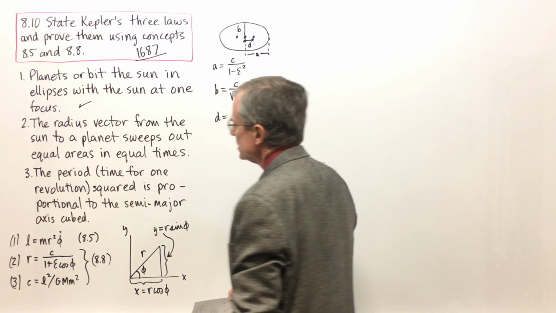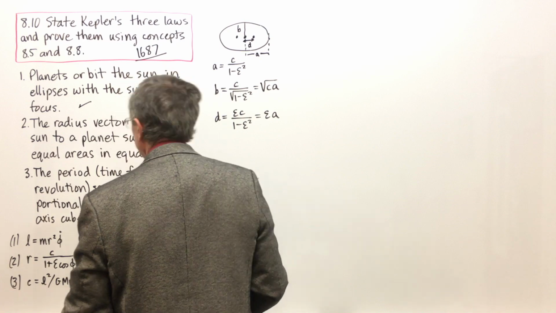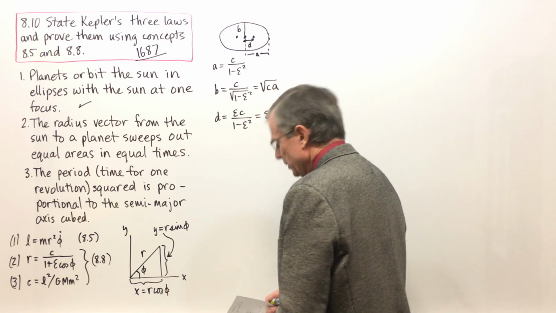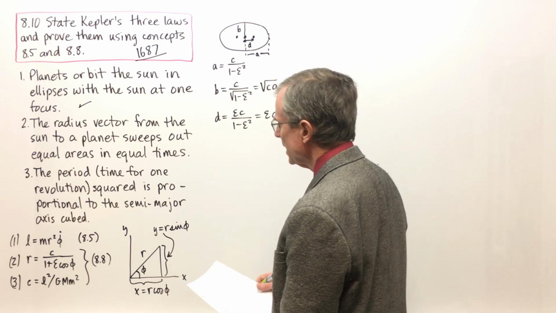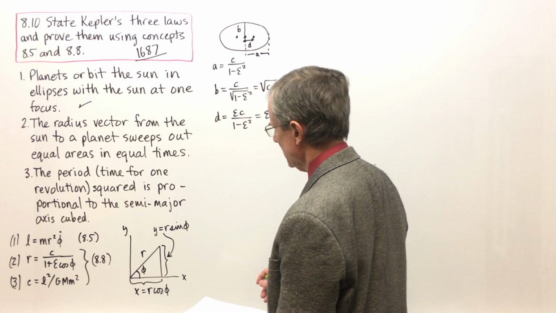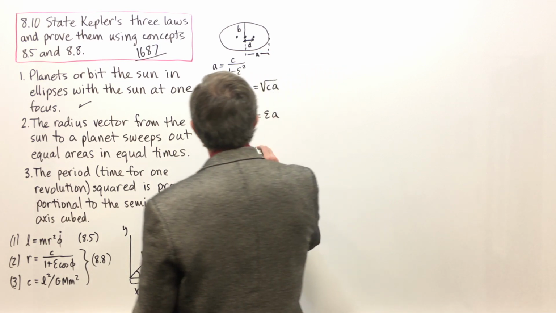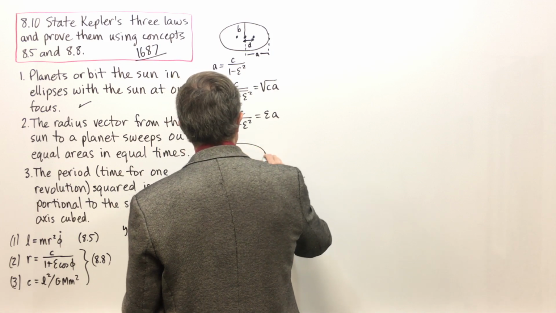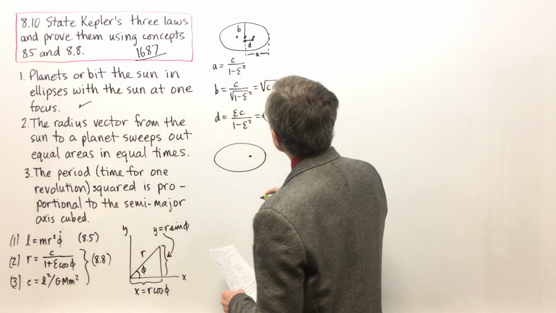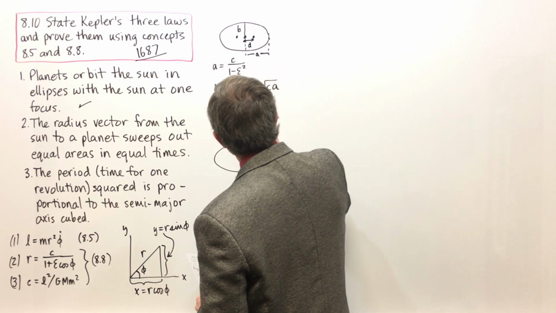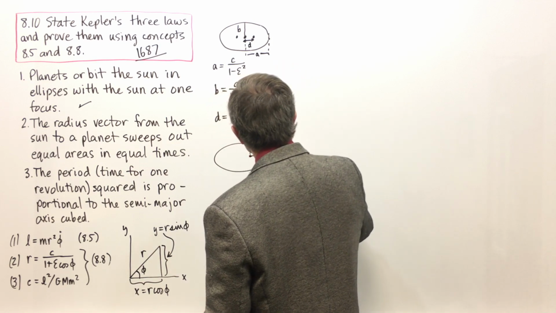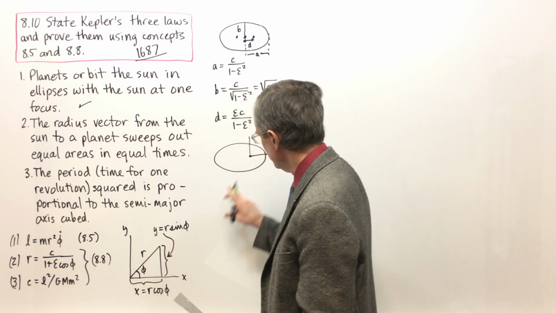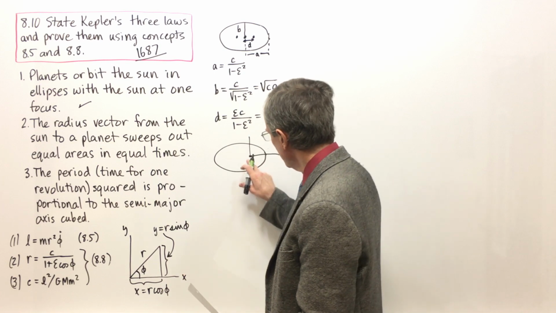We're now going to consider the second law: the radius vector from the sun to a planet sweeps out equal areas in equal times. So we'll need a diagram for this one. So here's the origin of coordinates at one of the foci. Remember, this coordinate system is centered on the focus to the right.